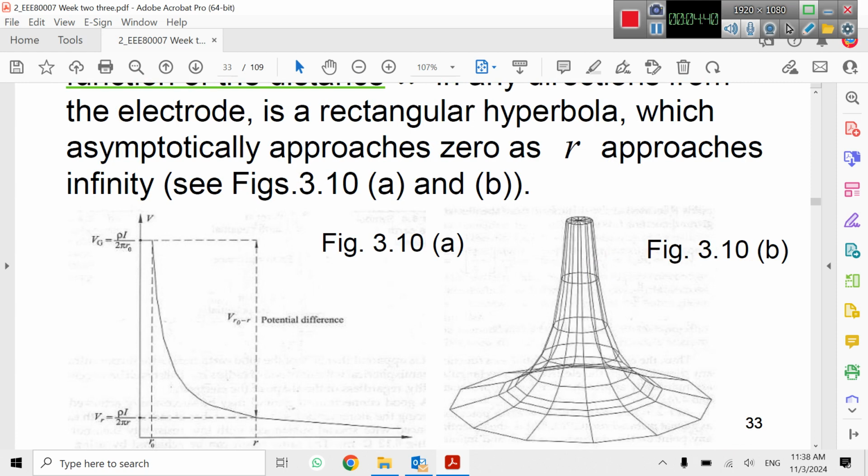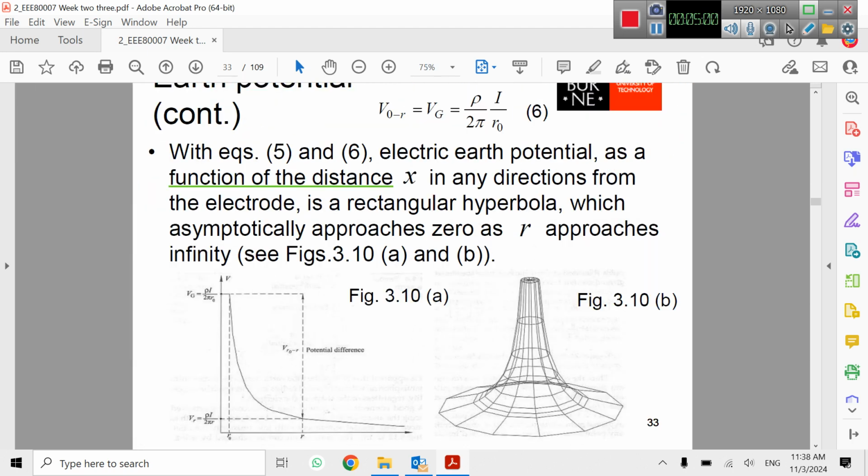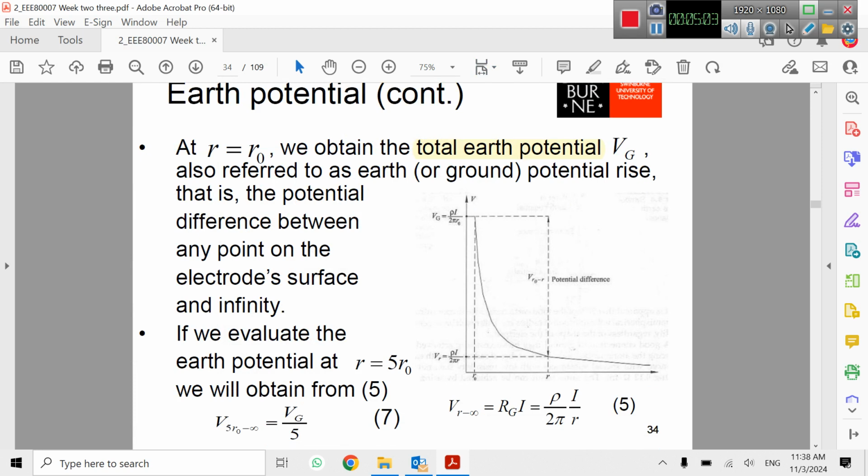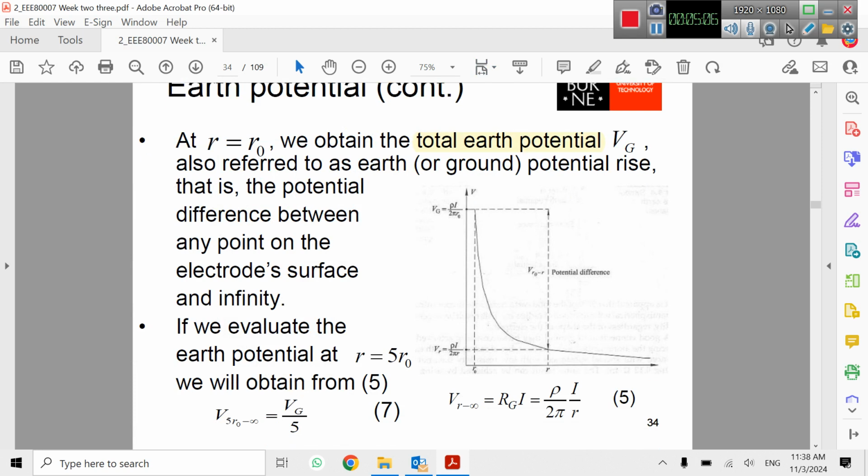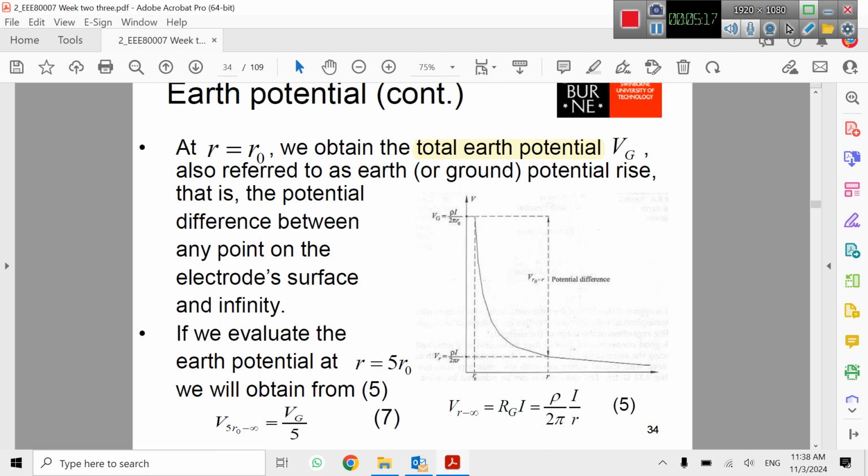If we zoom in, you can see we have the maximum voltage at the point R0, and if we increase the distance, going away from the electrode, where R0 is the surface of the electrode, the voltage drops. So if we check the voltage at 5R0, the voltage should be Vg, which is the voltage at the surface of the electrode R0, over 5.